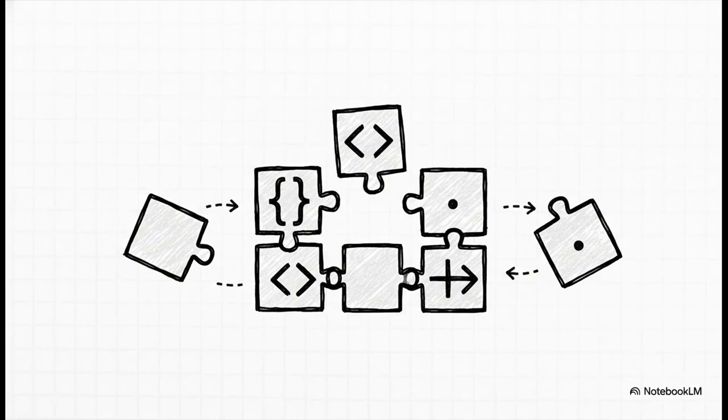Now this goes way beyond just setting up simple objects. This technique is actually the foundation for creating what are called domain-specific languages, or DSLs. That's basically when you build an API that reads so much like plain English that it feels like you've invented your own little mini-language just for solving one specific problem.